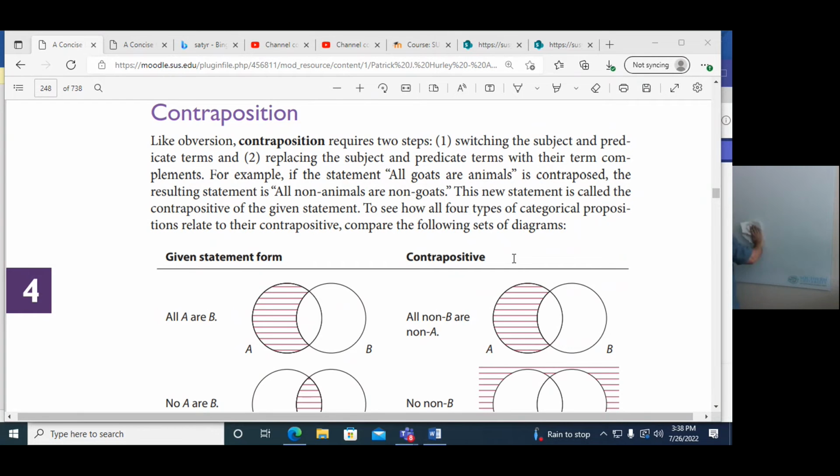There's a reason I'm gesturing to this, because in this lecture I'm trying to give something kind of unique about these particular things. So you switch the subject and predicate terms like conversion. So it's combining conversion and obversion, replacing the subject and predicate terms with their term complements at the same time.